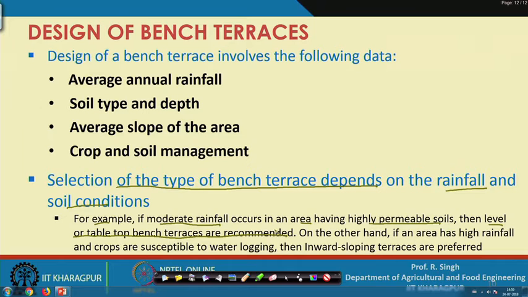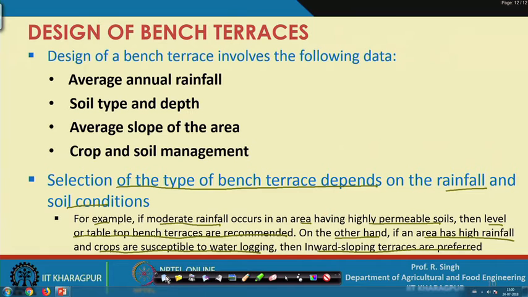We have already seen three types of terraces for three different kinds of rainfall conditions, and of course, the soil characteristics have to match. On the other hand, if an area has high rainfall and crops are susceptible to waterlogging, then inward sloping terraces are preferred. So, depending upon the rainfall and the soil characteristics, and also the crop and soil management that we are going to adopt in a given area, we will choose what kind of bench terrace we are going to design for a particular area.